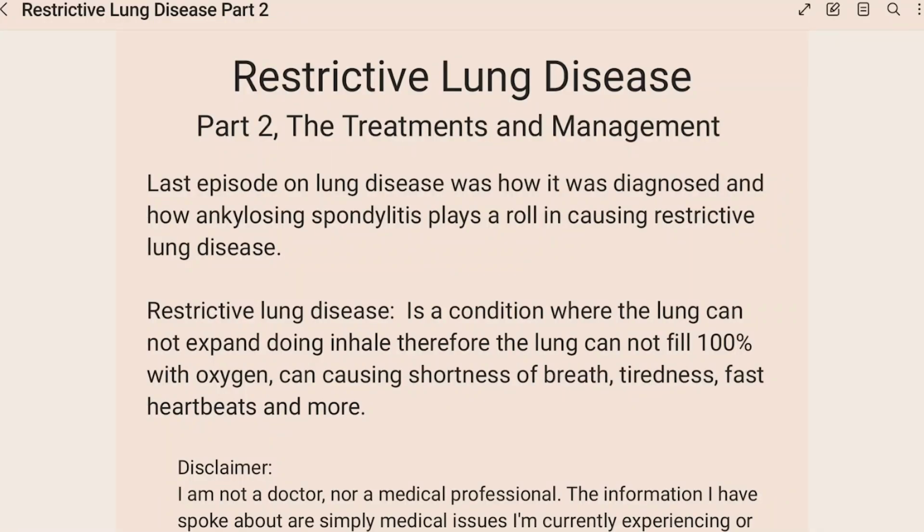Just a little reference on the lung condition. Restrictive lung is basically when the lung is not able to expand because my chest wall, or the rib cage, is no longer able to expand when I inhale. It's due to the fully fused spine, which fused the rib cage along with it.